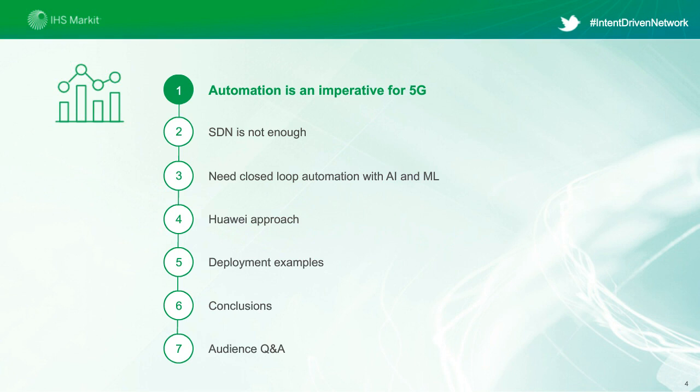And then we're going to talk a little bit about why SDN in its original form was not enough, and what we really need is to layer on top of SDN some automation achieved through a closed loop, and also injecting some artificial intelligence techniques and machine learning.